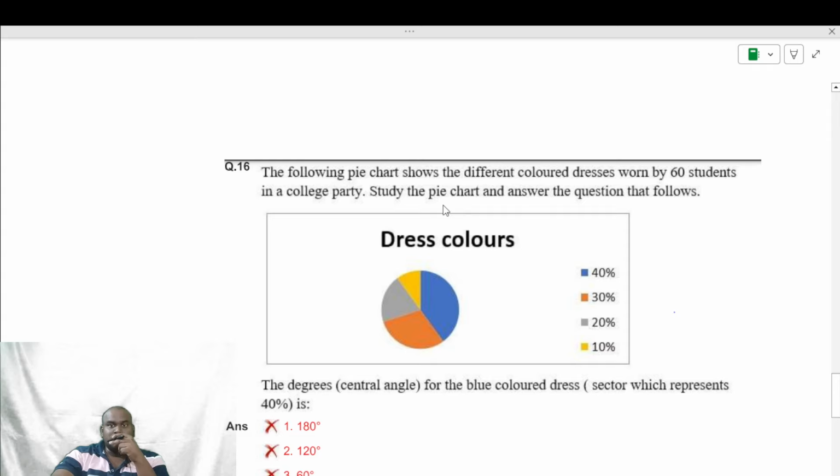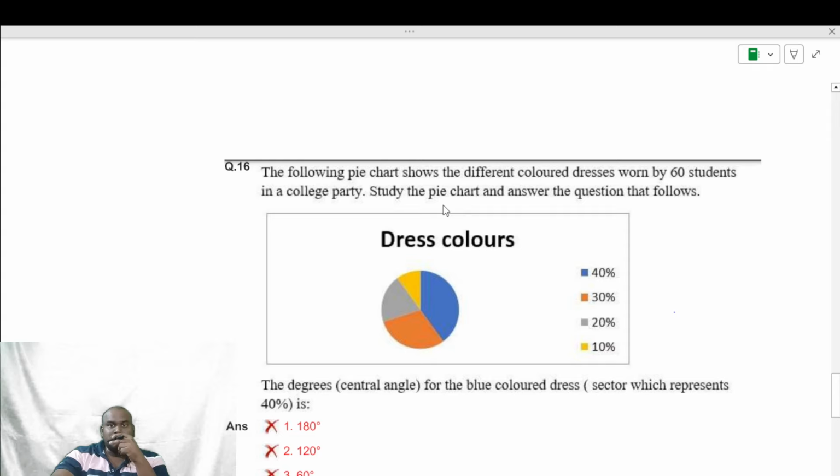The total is 360 degrees, responsible for 100%. 40% of 360, very simple question. 36 into 4. Sometimes the pie chart questions are simple, but looking at them, people get afraid and don't even touch them. You should do them. The long questions will obviously be easy questions.